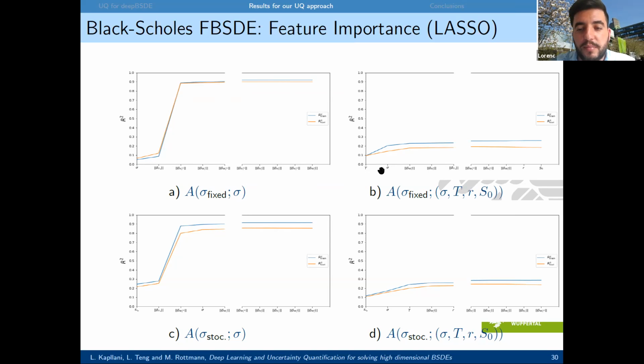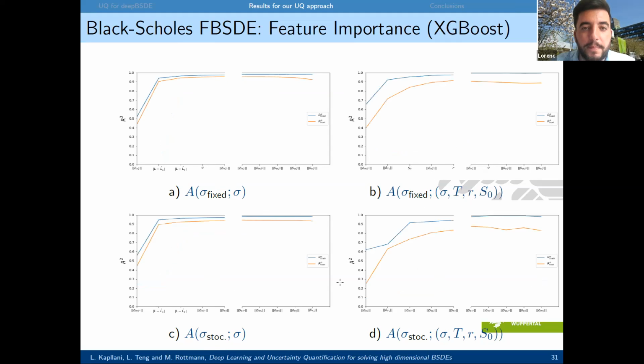But, for example, in the case when we vary not only sigma but also other parameters, the Lasso is not performing very well. This means that for this kind of approach, we actually need to consider nonlinear uncertainty quantification models. The results are slightly the same when we consider a stochastic perturbation for the volatility.